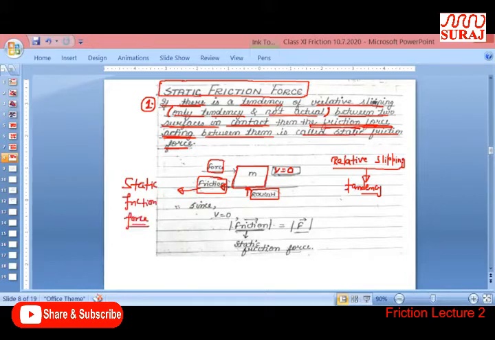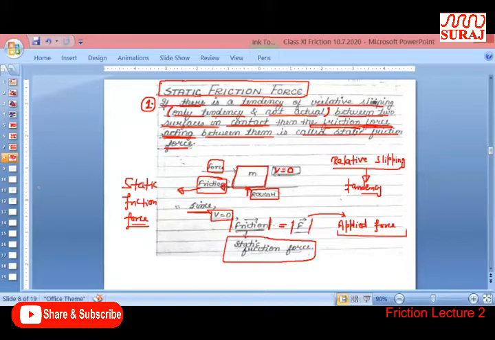And as seen in the practical graph and practical observation, when the velocity is zero, the magnitude of friction force is equal to the force applied. This is static friction force, and this one is applied force. When the block has not moved, means the velocity of the block is zero, then the magnitude of friction force will be equal to the magnitude of applied force.